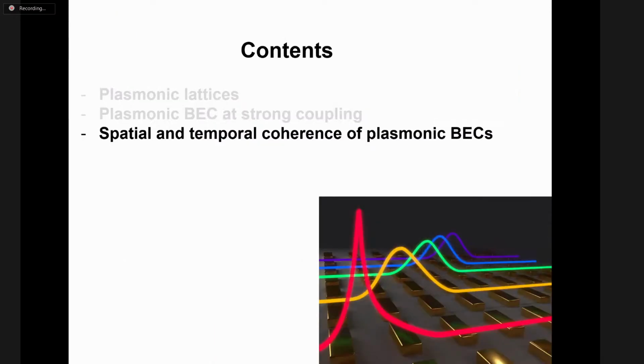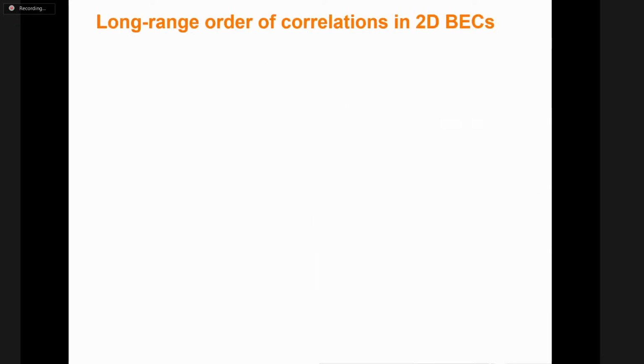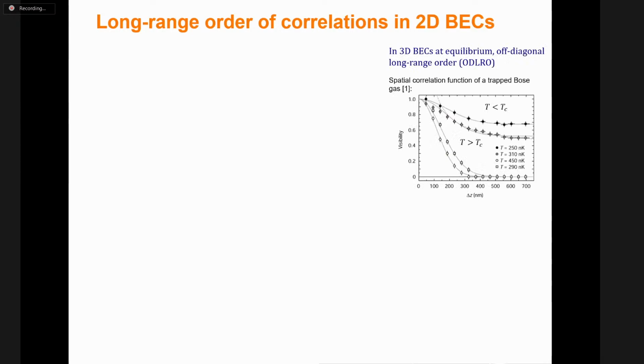So in the final part of the talk, I will show a few characterizations of this strongly coupled BEC. First of all, as a background, in three-dimensional BECs at equilibrium, it's known that off-diagonal long-range order can occur, which means basically that the spatial correlation function can show almost no decay over large distances.